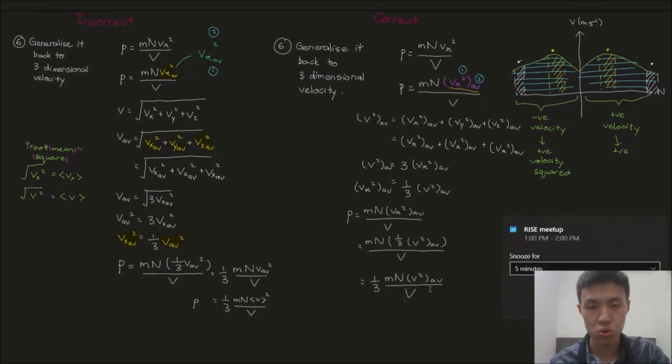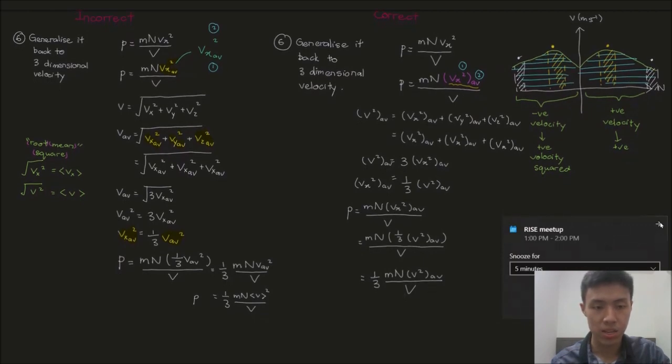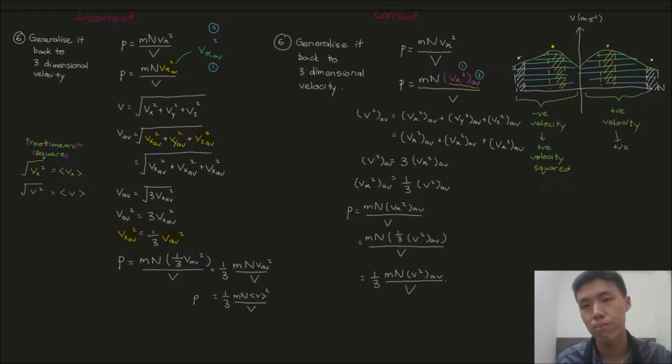Okay, so there's another thing that we know: if we are doing average or mean in mathematics, we represent it with this kind of bracket symbol here. So if you are finding the mean of x, then it will be something like this. So for this case, we can change the way we express this.